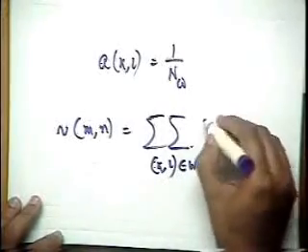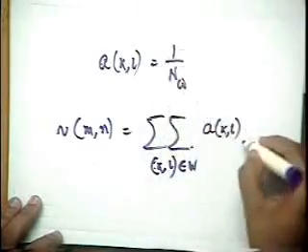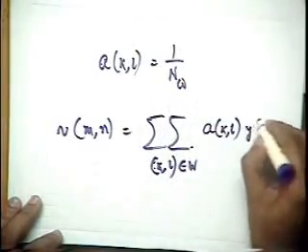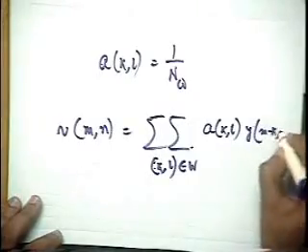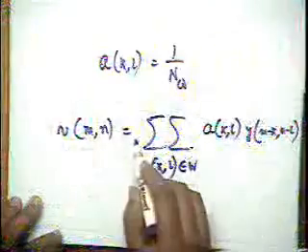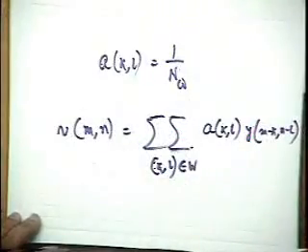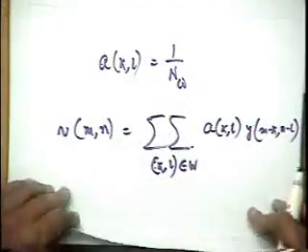Obviously AKL is becoming 1 upon NW. It would have resulted in the same thing, M minus K, N minus L. Then I would not have considered any multiplication factor of 1 upon NW over here. So this is the spatial averaging operation, and let us see how this spatial averaging is done over a window.